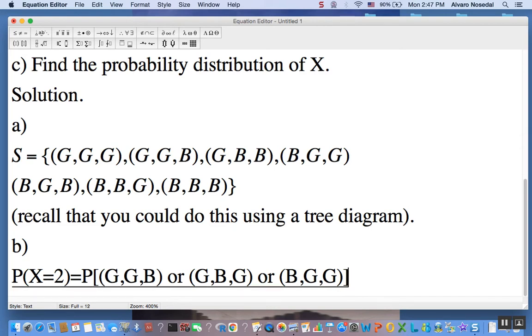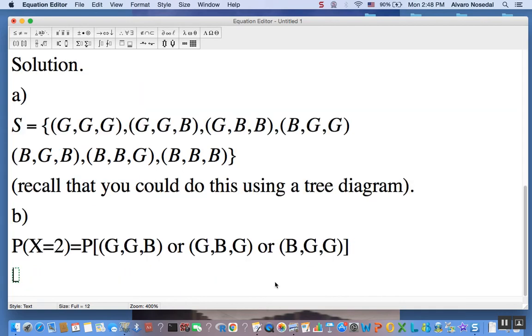Now, using the properties of a probability function, we have the probability of a union, right? That's the OR. Since these events are mutually exclusive, the probability of that union is equal to the sum of those probabilities, the probability for each of those sequences.